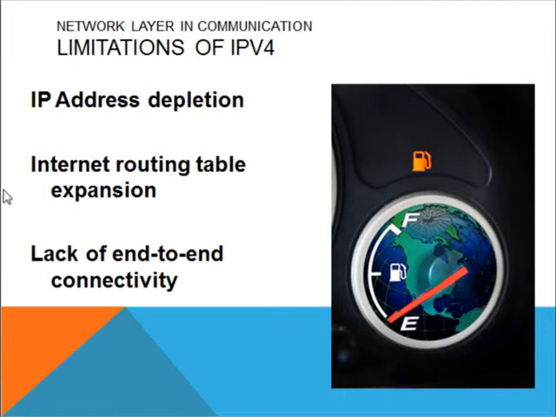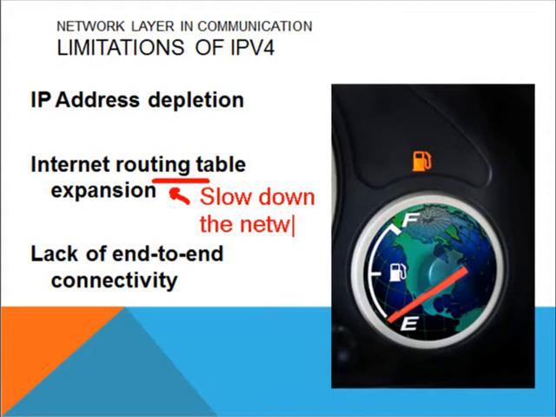So the main problem with the IPv4 network is that it is going to be depleted because we are going to run out of IP addresses, and the internet routing table is getting way too large, and when the internet routing table is too large, it will slow down the network, meaning that your network is slower and slower by the day.